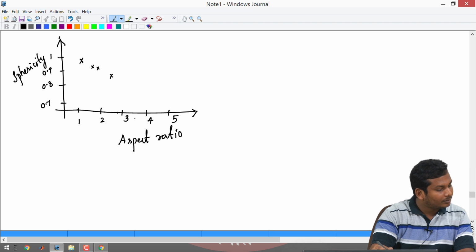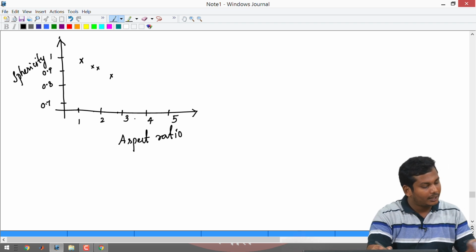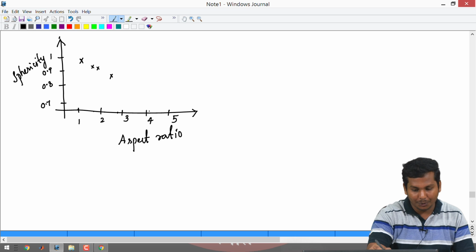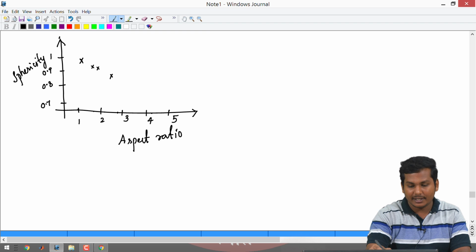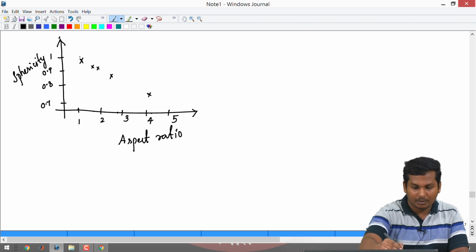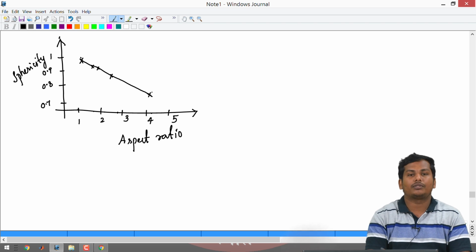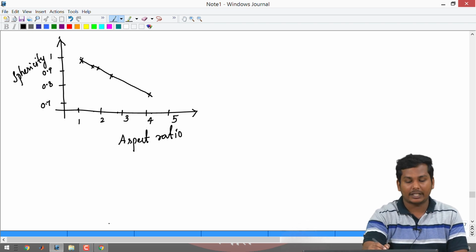And the final one, the aspect ratio is 4.2, and we got the sphericity to be 0.7672, which is around there. So the line looks something like that. So this is the plot. It need not be a straight line, but if you plot the sphericity versus aspect ratio for different shapes of particles, this is how we obtain it. Thank you.